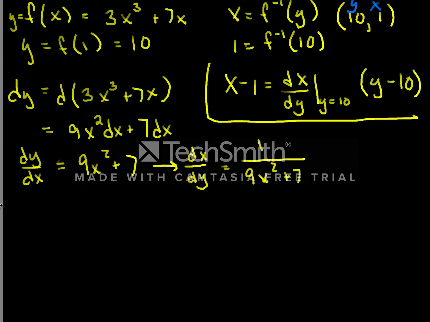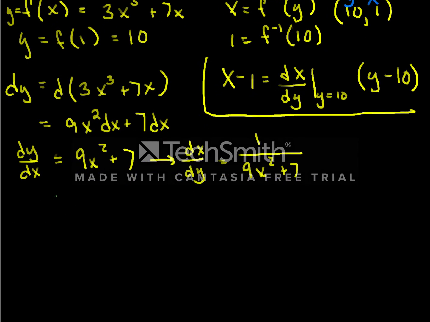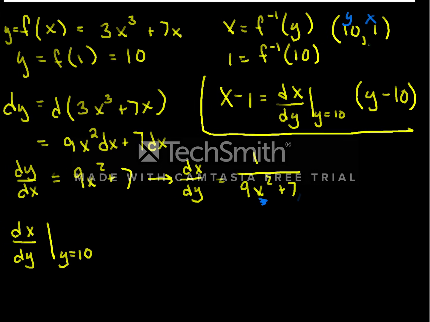So then dx/dy when y is 10, well, we've got a problem, because in my equation I don't have any y's, right? And that happens quite often with inverses. I only have x values. But I know when y equals 10, back here, by relationship, x is 1.